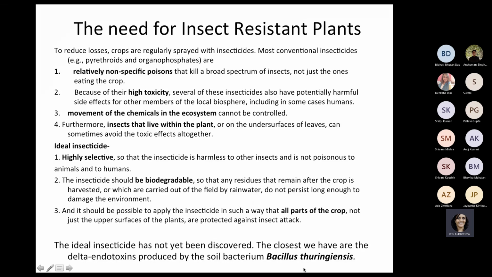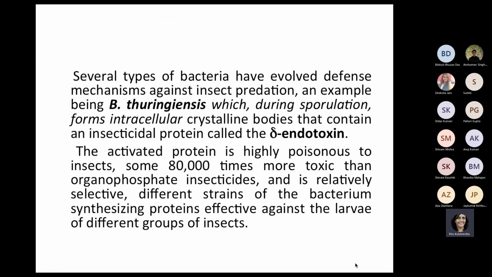So there was this bacterium which was discovered, Bacillus thuringiensis, and when scientists were studying its defense system, how this bacterium defends itself from infestation by various insects, they came across a very important protein called delta endotoxin.